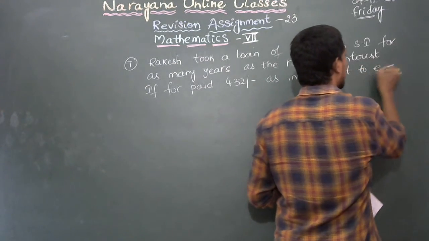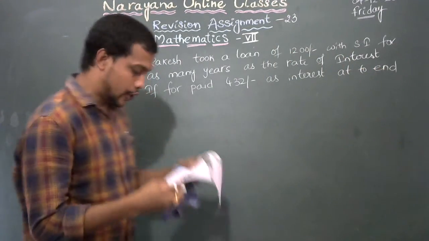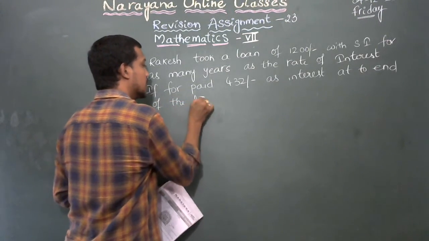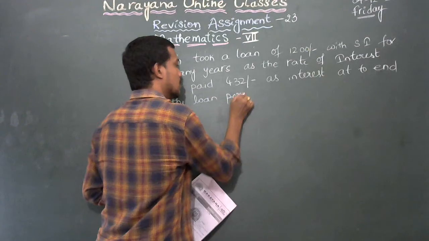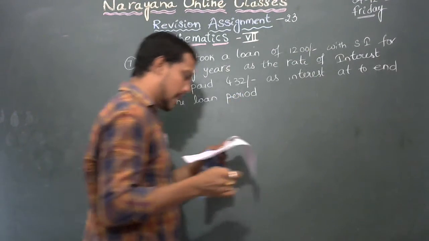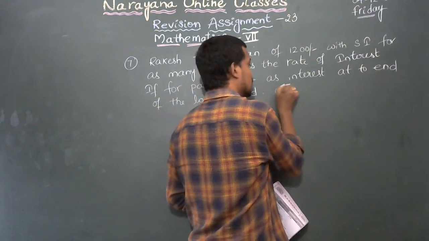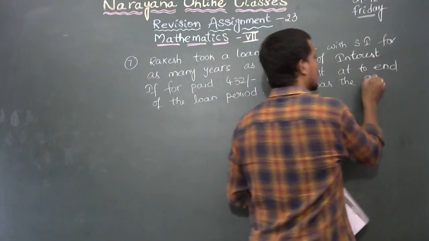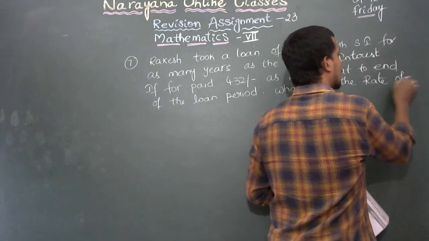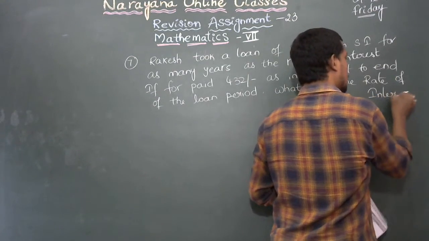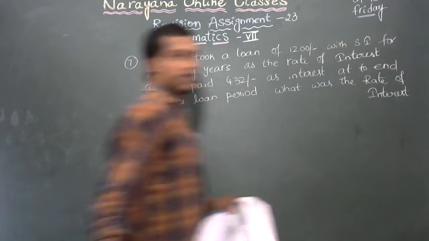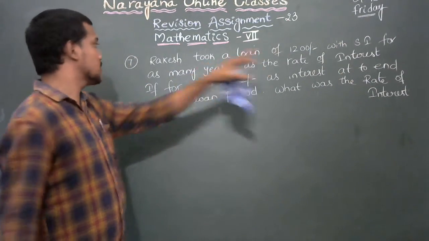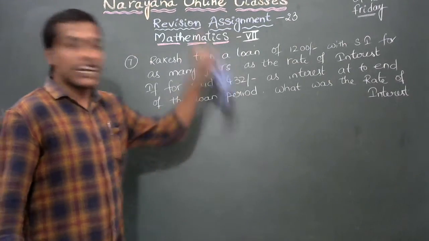So Rakesh took a loan of 1,200 rupees with simple interest for as many years as the rate of interest.